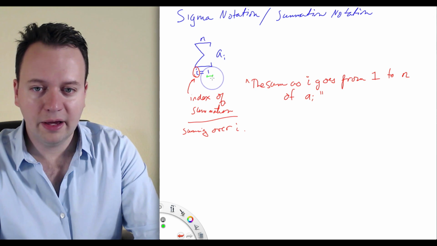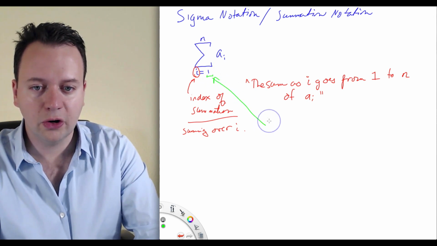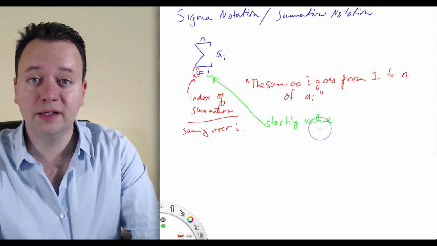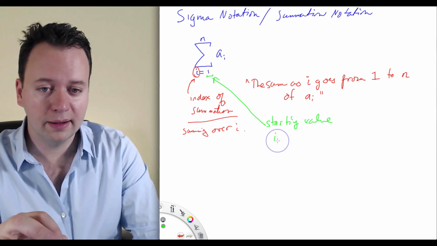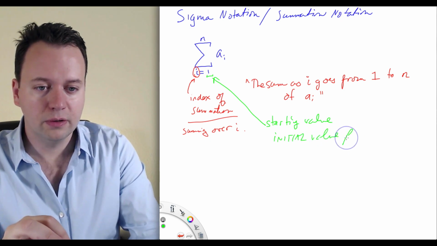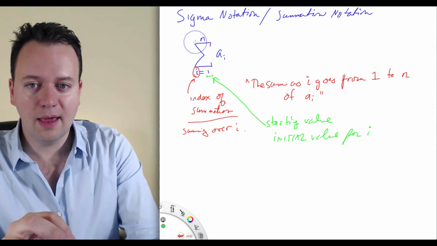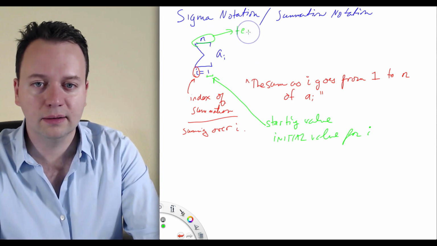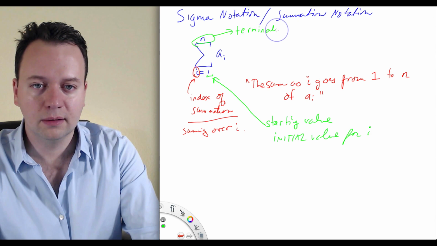The 1 down here is the starting value. So it's basically the initial value for i. And then the n up here is the terminating value of i, or ending value.